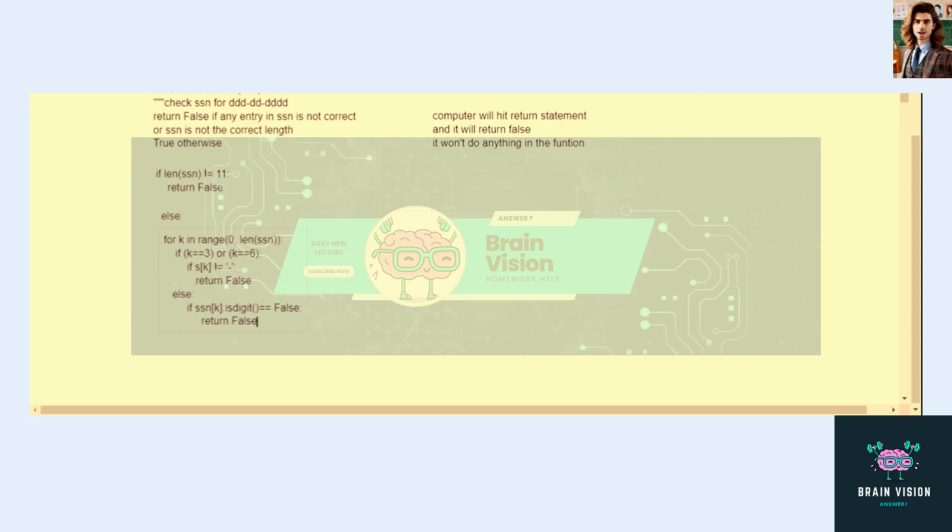Now, if all of these conditions are true, then what's going to happen? Well, if they're all true, then the social security number, or SSN, that I read in is in fact a social security number. So I would return true.